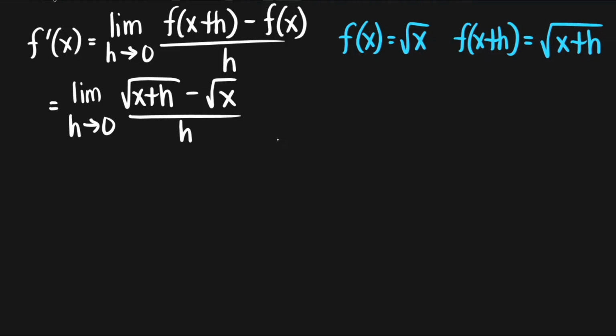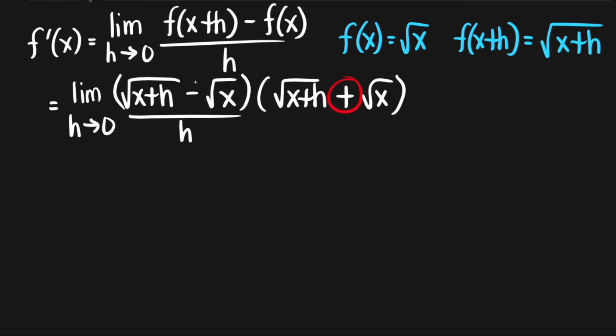What we're gonna do next is to multiply this with the conjugate of the numerator to get rid of the radical sign. We have square root of x plus h plus square root of x. Remember that the signs between these terms are opposite. This one is positive, while this one is negative.